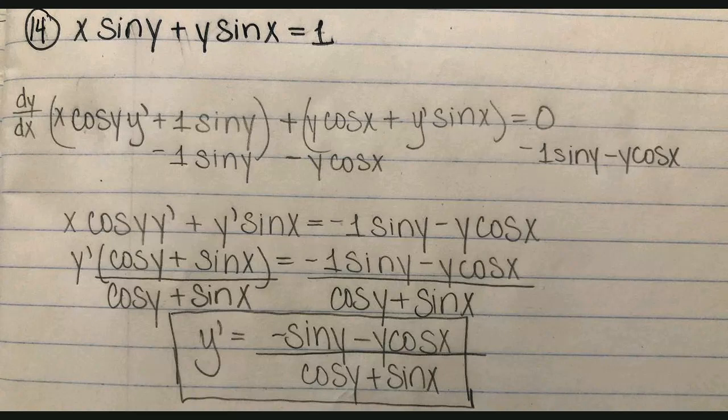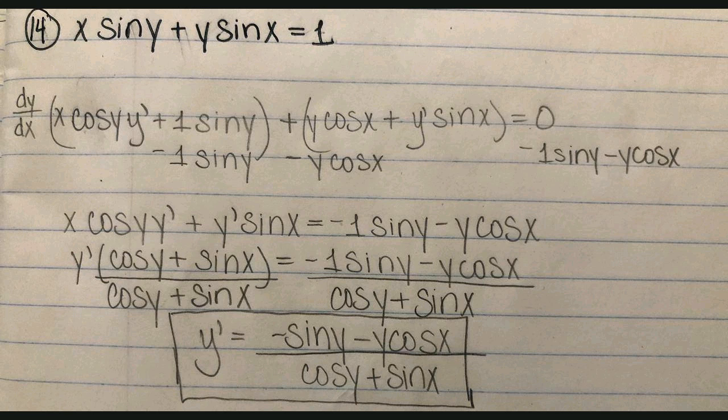Okay, Malika, go ahead. So we have to find the derivative of x sine y plus y sine x equals 1. So what I did was I used the product rule to find the derivative of x sine y, which gave me x times cosine y prime plus 1 sine, and then I did the same for y sine x, and I got the derivative as y cosine of x plus y prime sine x, and then the derivative of 1 is just 0.